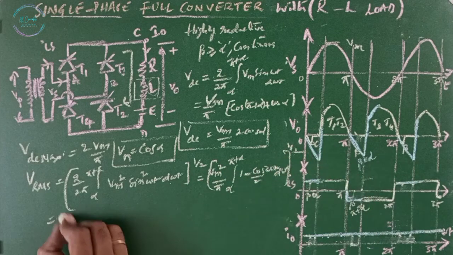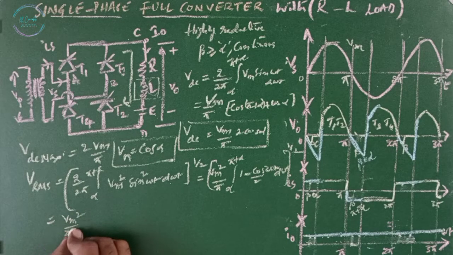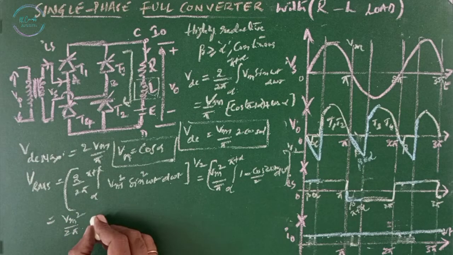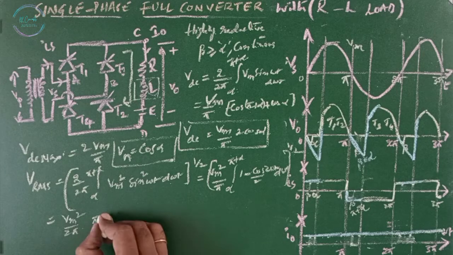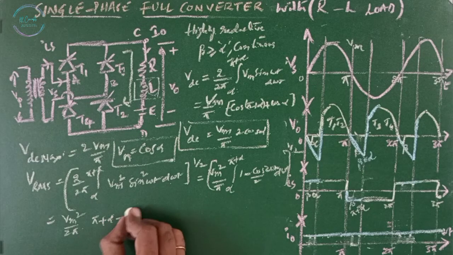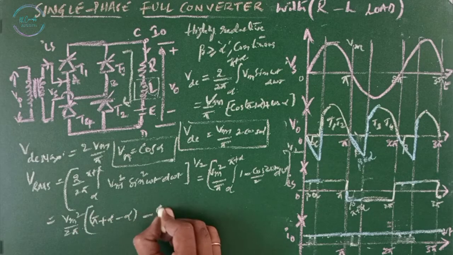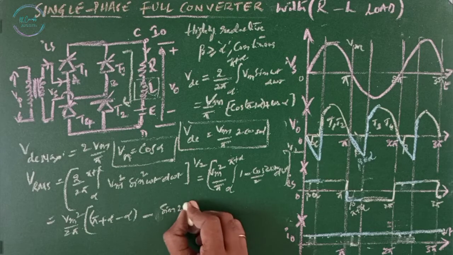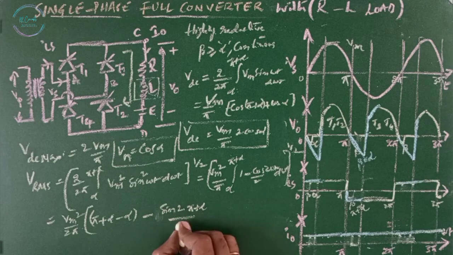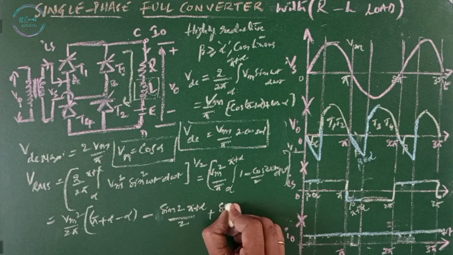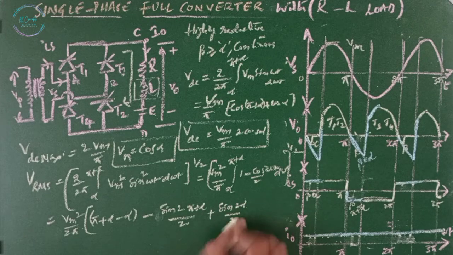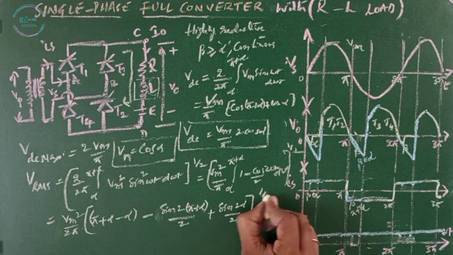Then 2 comes out, then Vm square by 2 pi. Now if you integrate that, you get pi plus alpha minus sine pi plus alpha by 2 plus sine 2 alpha by 2, under the square root.